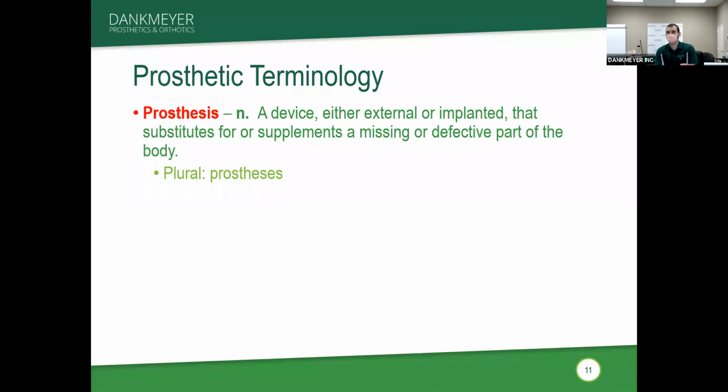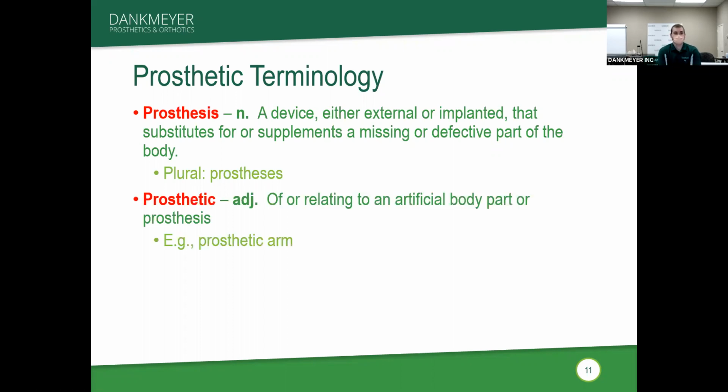All right, again, we're going to go over the prosthetic terminology again. The prosthesis is a device, external or implanted, that substitutes or supplements a missing or defective part of the body. A prosthesis is a noun. It describes a thing.